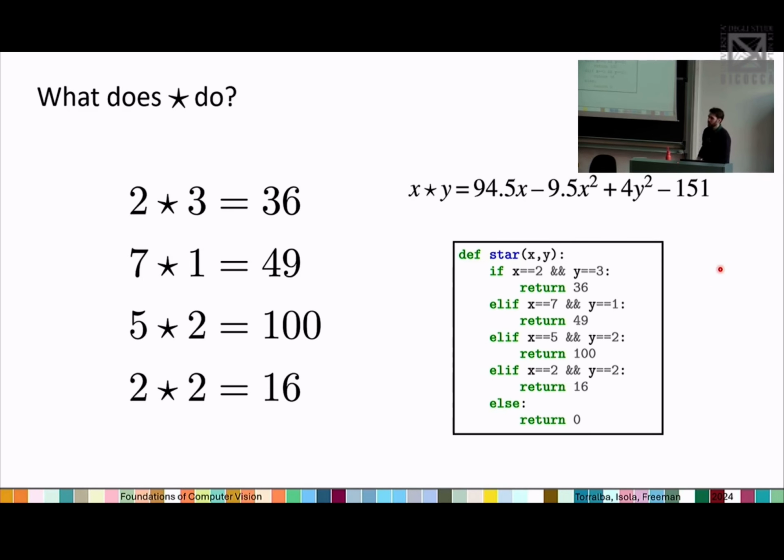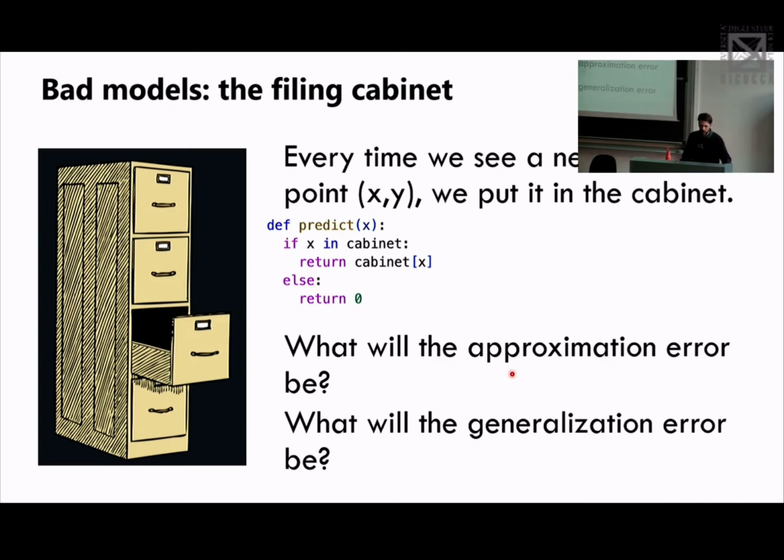Okay, however, when we go to a very high dimensional space, if I asked you what this symbol does, you could fit this and get to this kind of relation. Or you could also do this very stupid kind of model that perfectly fits the data. That model is called the filing cabinet.